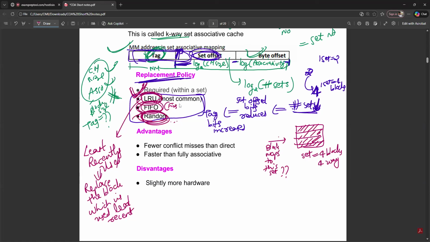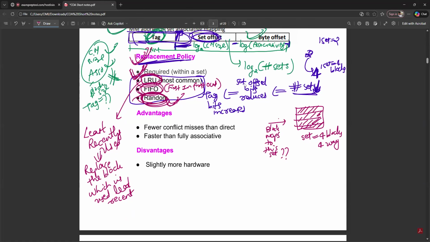First in, first out means whichever comes first, you have to replace that. And random means you can randomly replace any block. So these are the replacement policies.